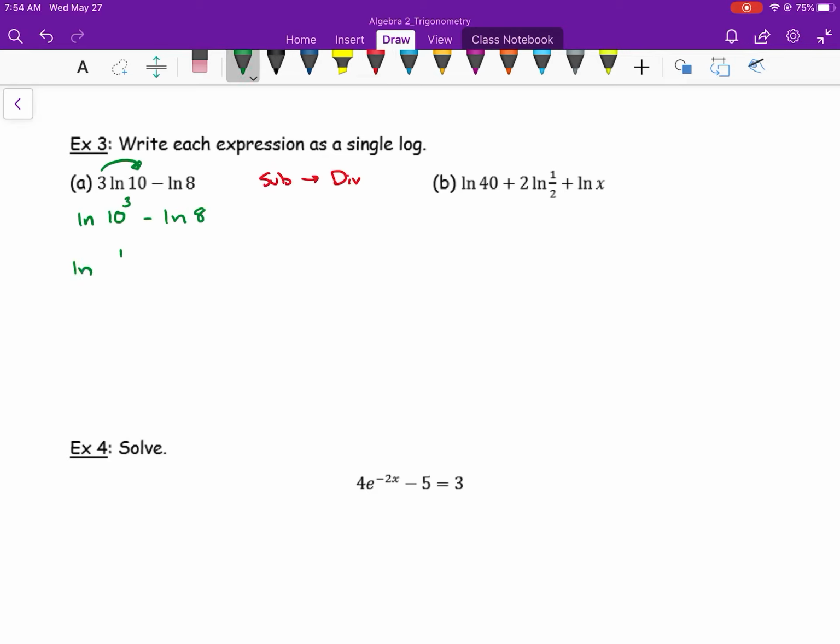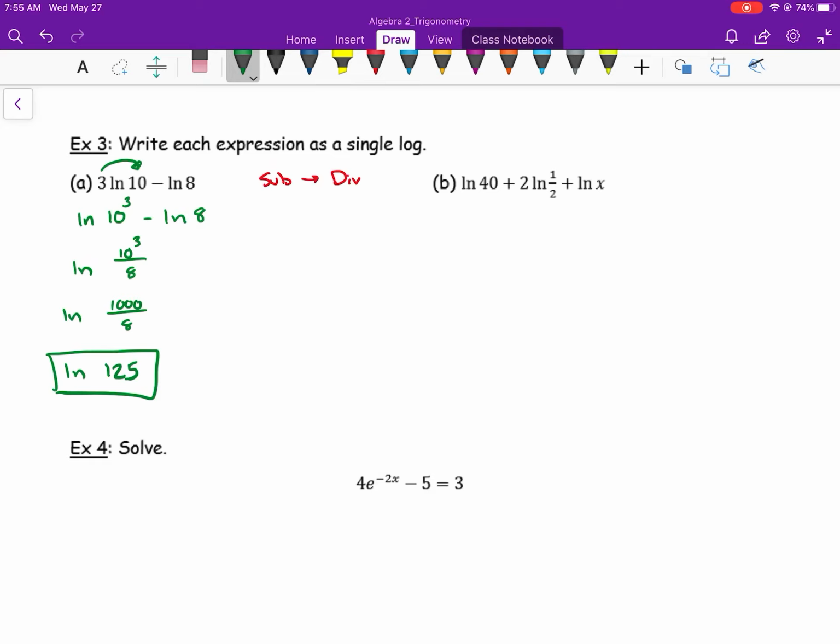So we have the natural log of 10 cubed over 8. 10 cubed is 1,000 divided by 8. So this becomes the natural log of 1,000 divided by 8, which is 125. Again, don't evaluate, we're just rewriting.